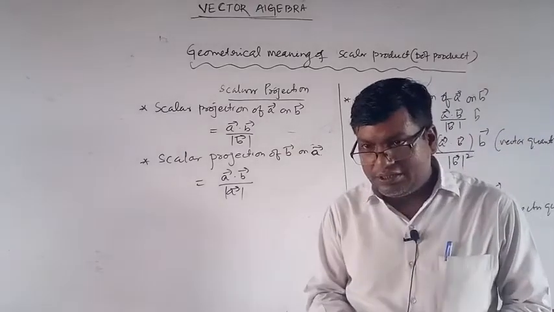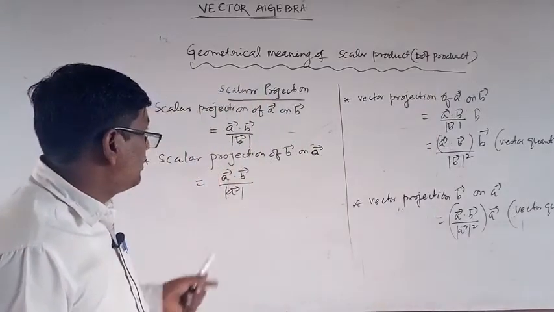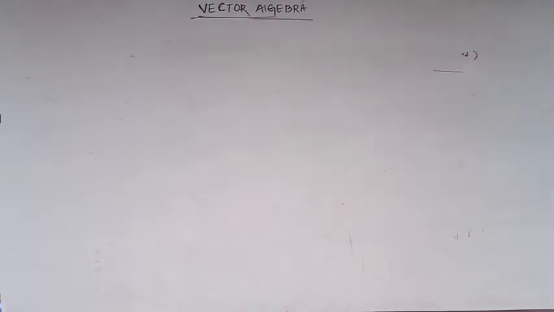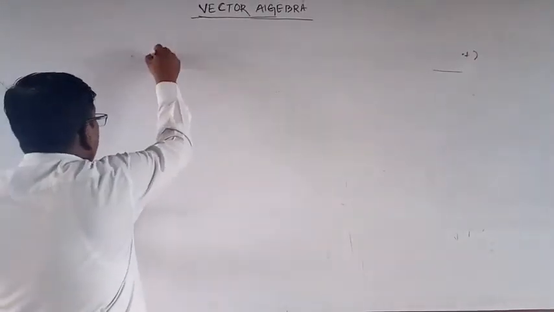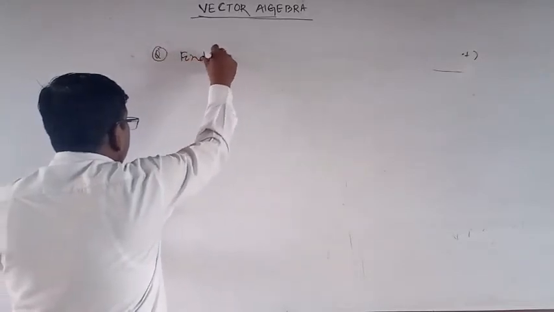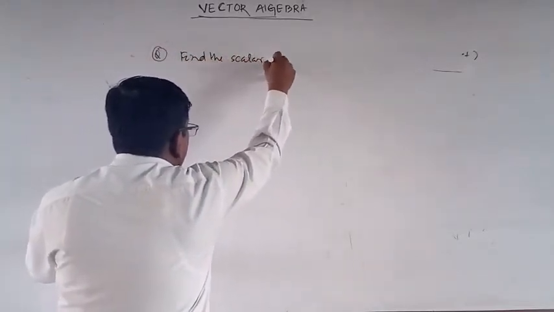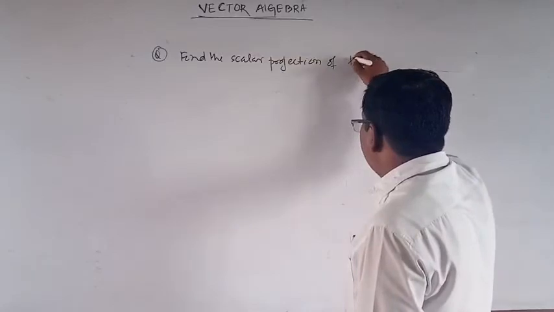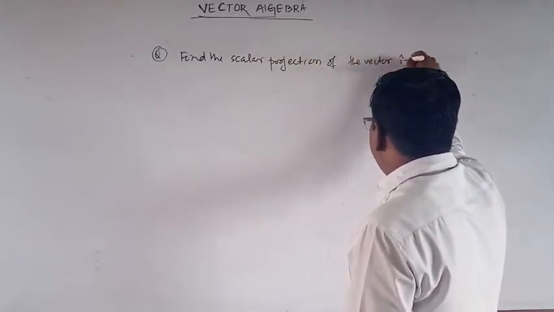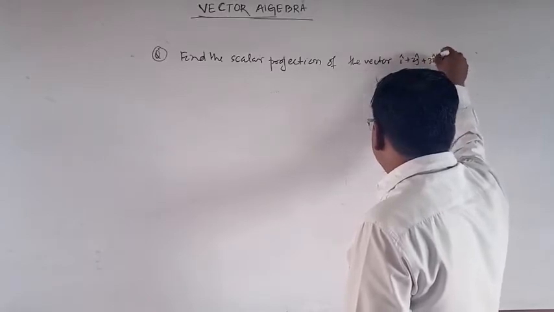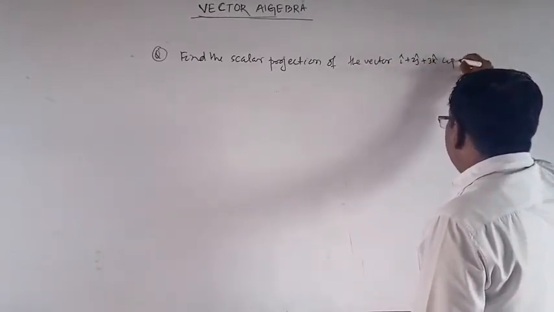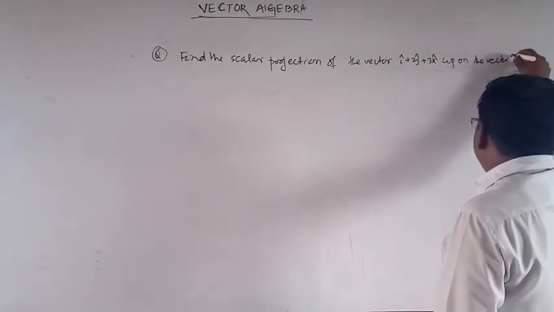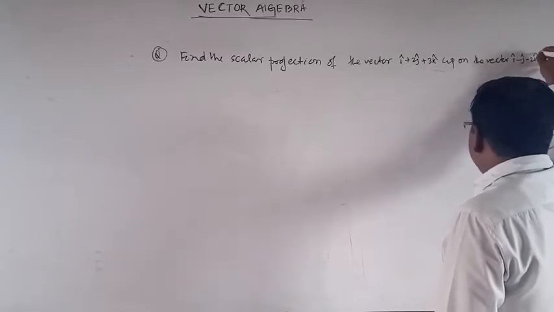Now the questions are related to the scalar projection and vector projection. Question: find the scalar projection of the vector i cap plus 2j cap plus 3k cap upon the vector i cap minus j cap minus 2k cap.